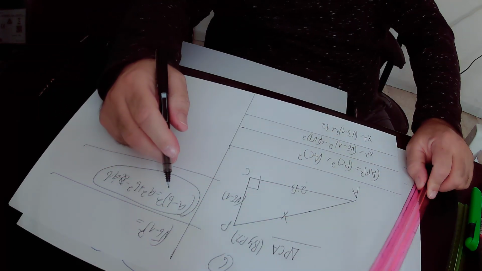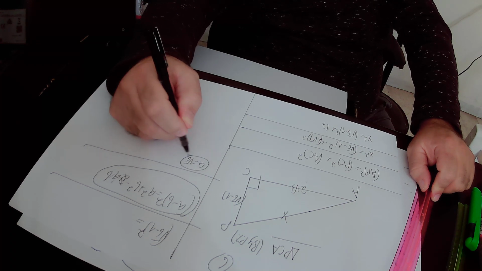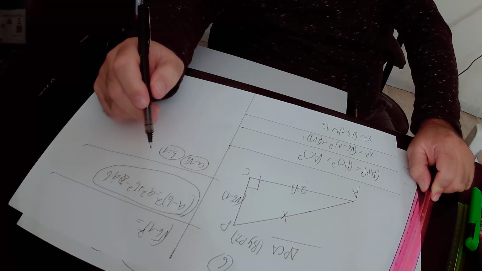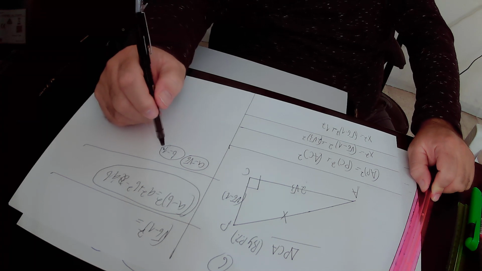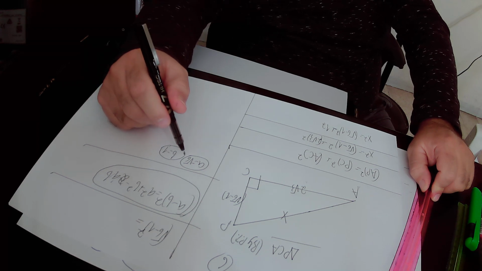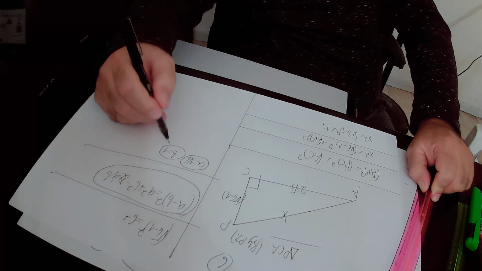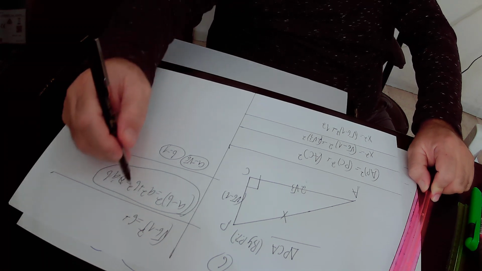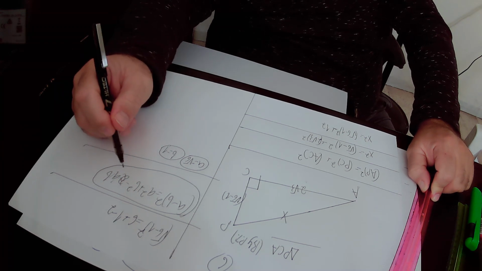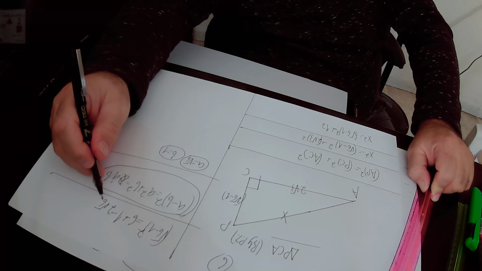In our specific expression, a equals the square root of 6 and b equals 1. According to this identity, a square is square root of 6 squared, that is 6, plus b square. B is 1, so b square is 1 squared, that is 1, minus 2 times a, which is square root of 6, times b, which is 1.